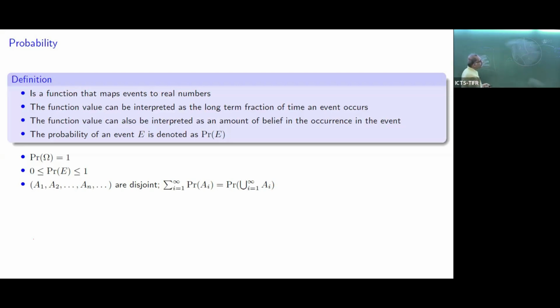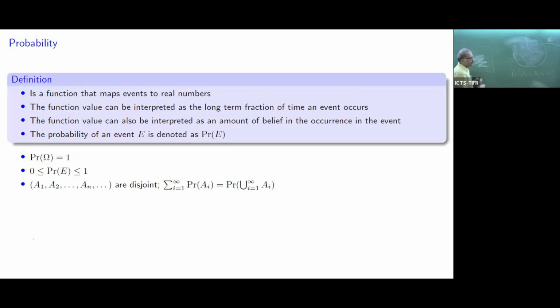And you can also look at maybe just 3 of them if you want, leave out this A4. So what this rule says is that if you are trying to look at the probability of these 3 events, that means the probability of A1 union A2 union A3.